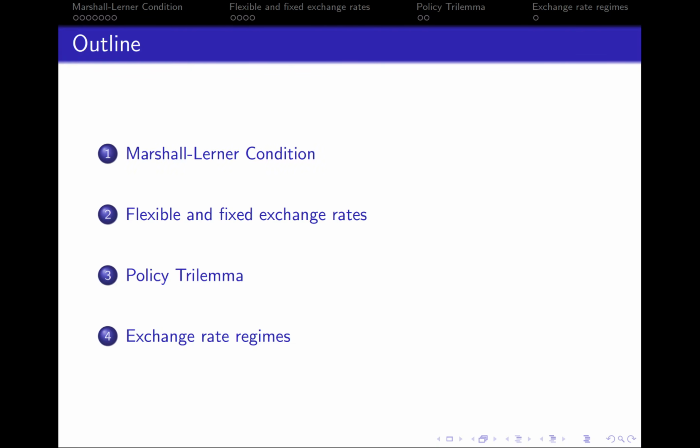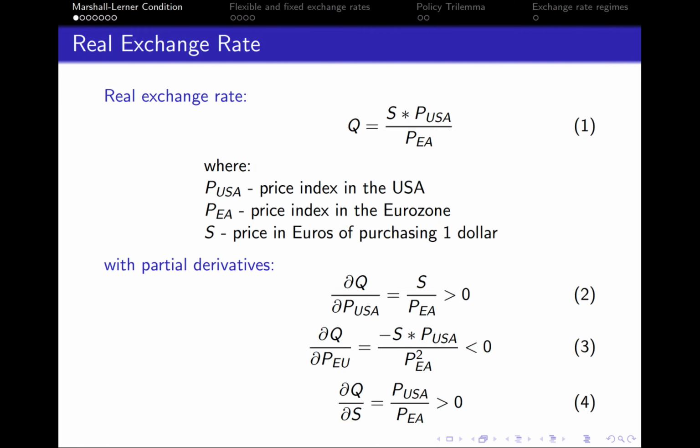Okay, so let's start by reviewing the real exchange rate. Real exchange rate, defined as Q, is equal to nominal exchange rate, defined as price in euros of purchasing $1, times price level in United States, divided by price level in the euro area.